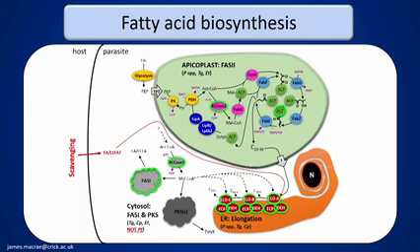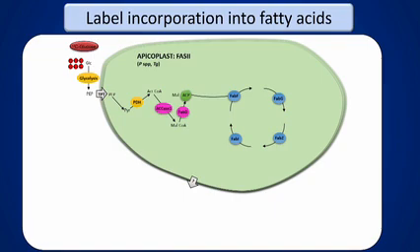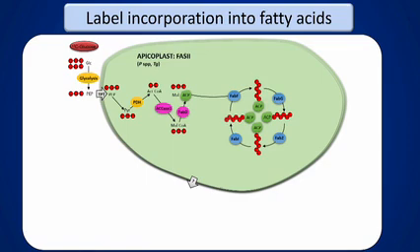What we've done, and I'm not going to talk about all of these, is looked at mutants of all of these enzymes to try and work out what's going on with fatty acid biosynthesis in these parasites. When we're doing a labeling experiment, just like I showed you earlier, we have the glucose coming in here, and it enters this way. A malonyl-ACP here becomes a growing fatty acid chain. Again, it's units of 2: 2 carbon-13s are added.